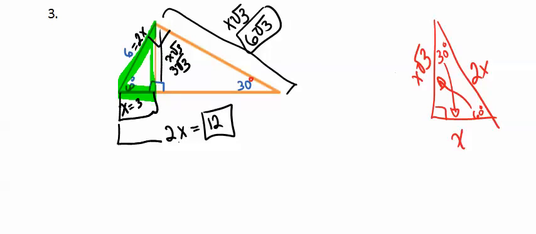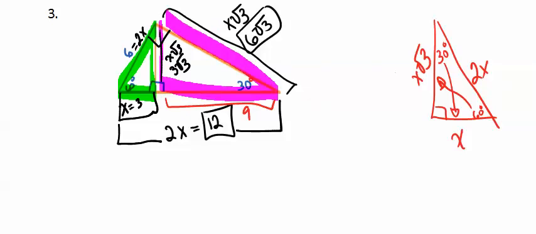From here to here is 12. Now, by basic subtraction, we can figure out that this length from here to here would be 9. But again, remember that these are all proportional, so this is a 30, 60, 90. And you could set it up to solve for the 9 as well.